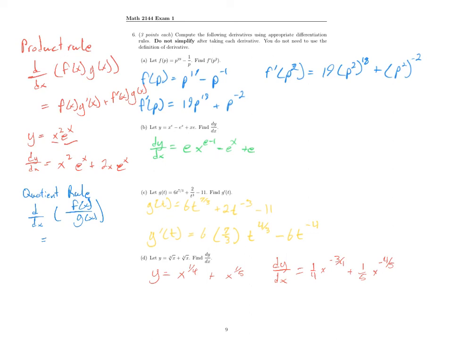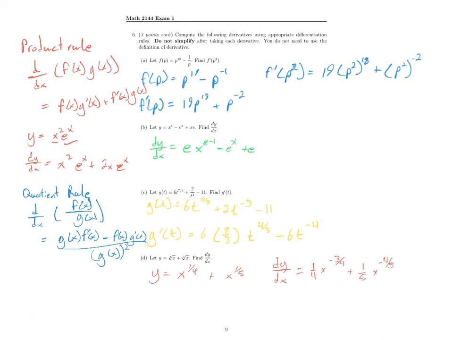That will equal g of x f prime of x minus f of x g prime of x all over g of x squared.